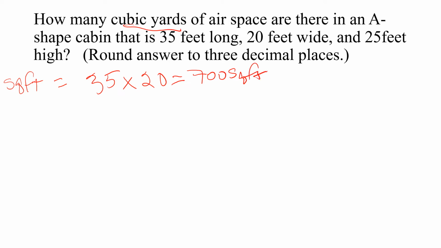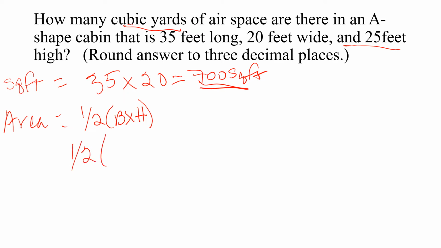Then we need to look at the area, and the formula for area is 1/2 base times height. So our base is our 700 square feet, and our height is 25 feet.